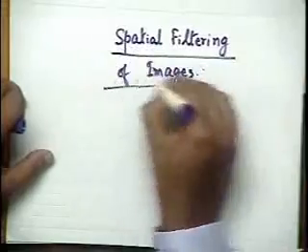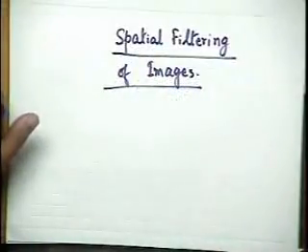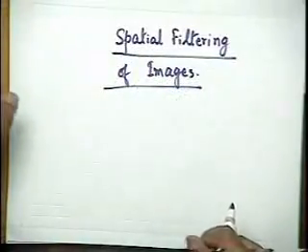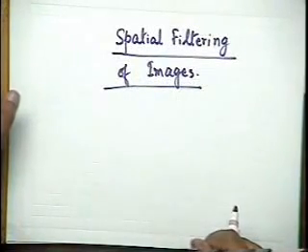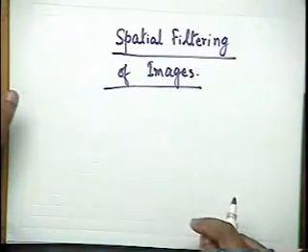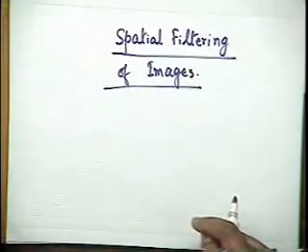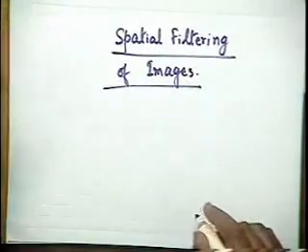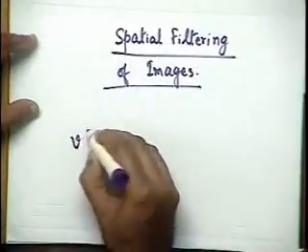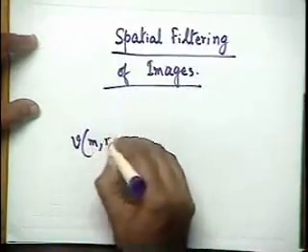Before we discuss this aspect, let us go over the transformation function which we were considering in the last class. For the processed image, let us define the intensity as Vmn.